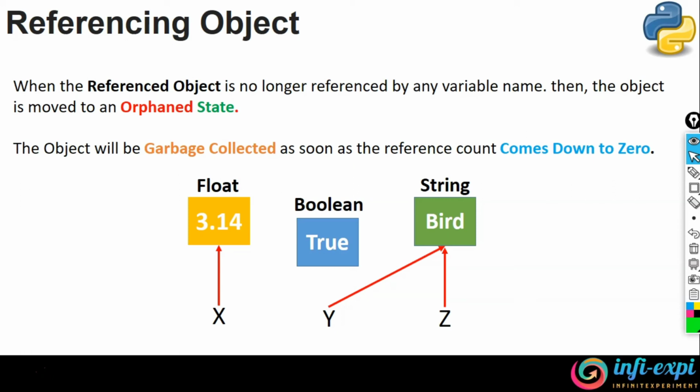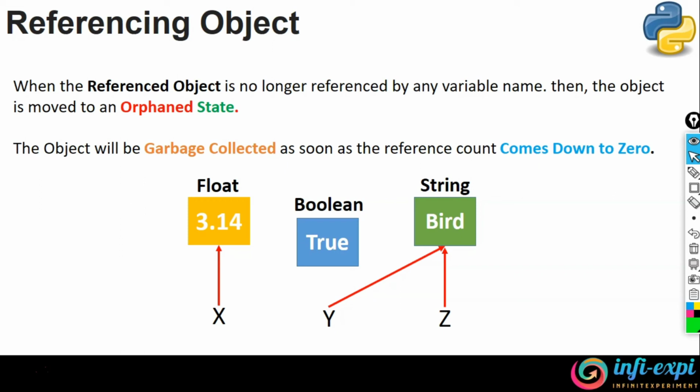Now what happens? x is pointing to the float, y is pointing to the string, z which we created now is also pointing to the string, but the only object having a count of 0, initially it started with 1, right now becomes 0. When it becomes a 0 count of references, then the object is eligible for moving into the orphan state, and from there it gets garbage collected.